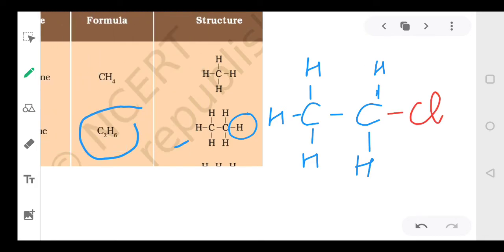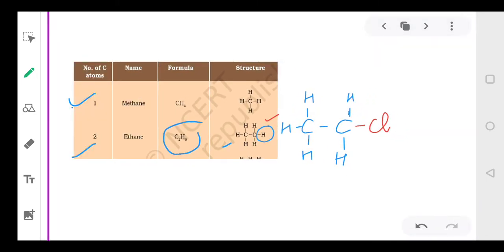So this hydrogen atom has been replaced by the chlorine atom. One hydrogen atom had been replaced by the chlorine atom, right? And let's write the formula.